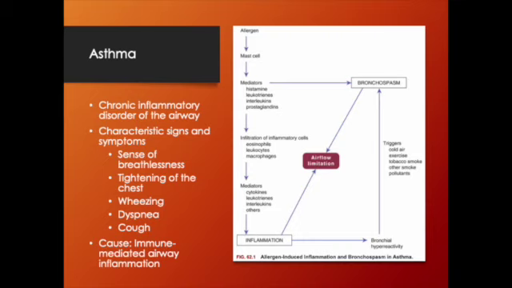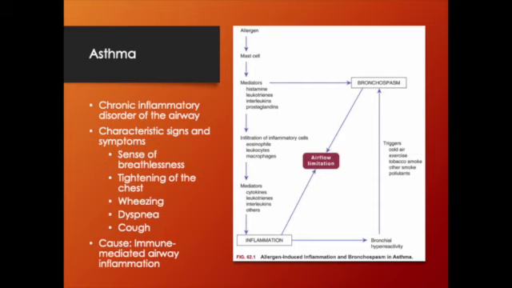Now, additionally, this inflammation is going to produce this state of bronchial hyperactivity, even with mild triggers like cold air, exercise, tobacco smoke. All of these things can further intensify the bronchoconstriction of our patients. The more common signs and symptoms that our patients will come in with are a sense of breathlessness or shortness of breath.